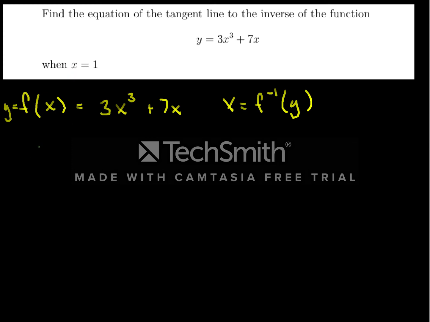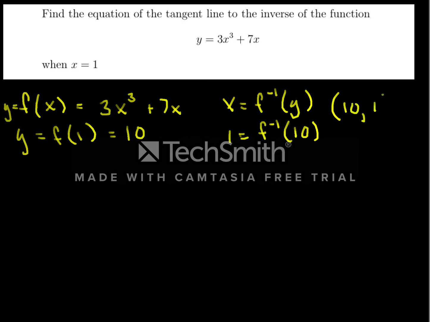Well, if x is 1, y equals f of 1, which putting 1 for x just gives me 10. That means that 1 is equal to f inverse of 10. Right? So I want to know what is the equation of the tangent line over here for this function at the point when y is 10 and x is 1.